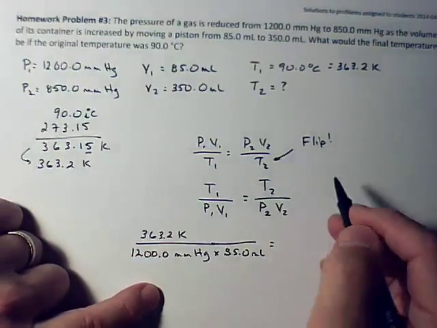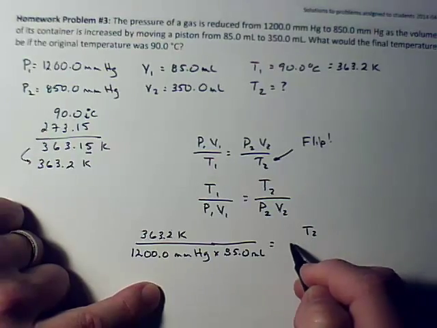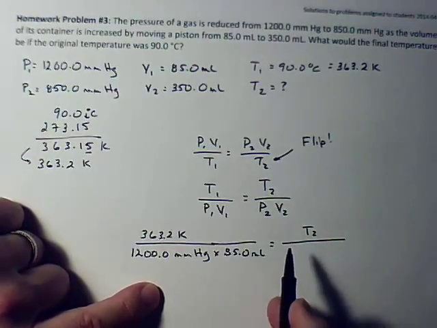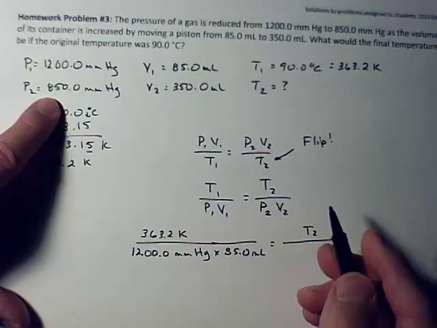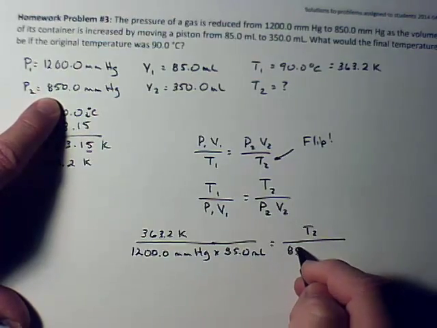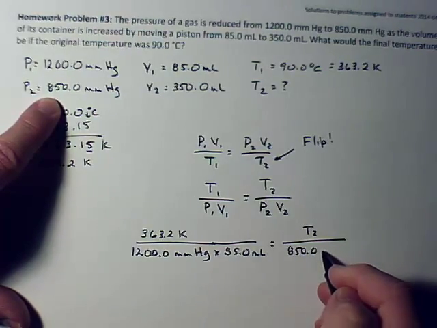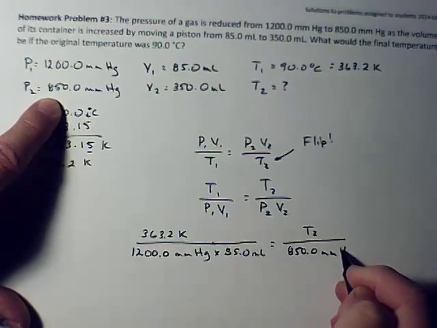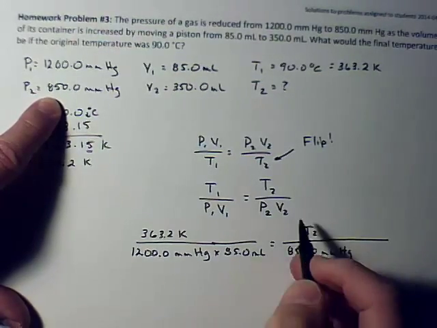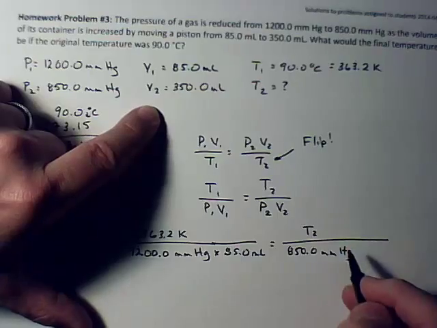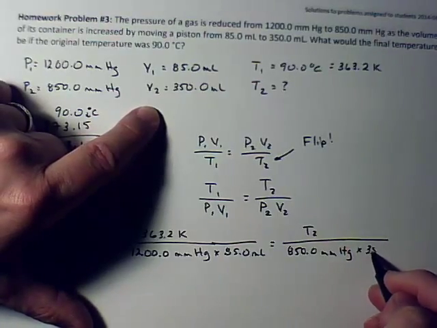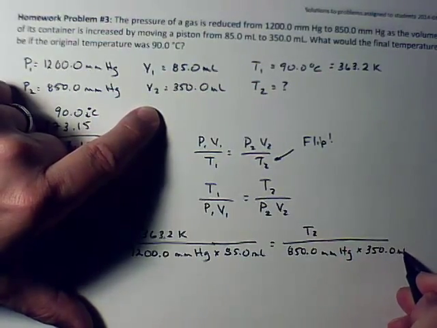Over on this side, we're trying to find T2. We don't know it yet. We'll leave that in there like that. Over pressure 2 is 850.0 millimeters of mercury. And V2 is 350.0 milliliters.